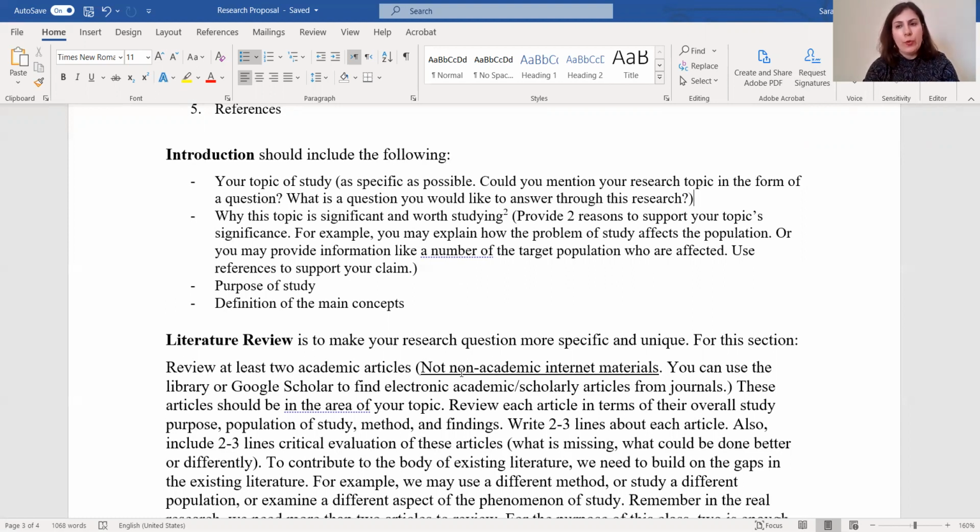Or second, you may say, for example, how poverty may affect this group of population. For example, I may claim that poverty among recent immigrants in the US affects their mental health negatively or causes post-traumatic stress disorder, PTSD, and such significant reasons that convince your audience that this topic is significant to study.